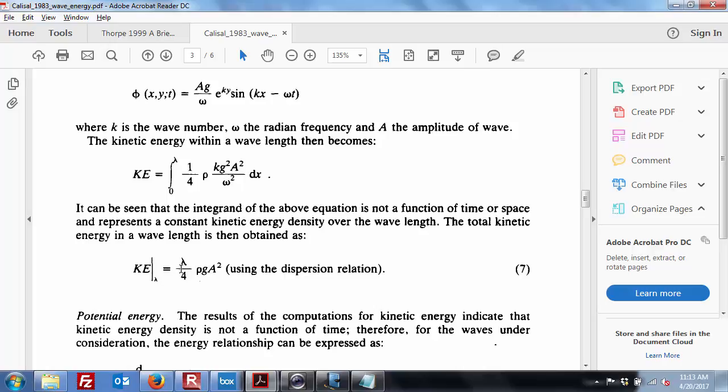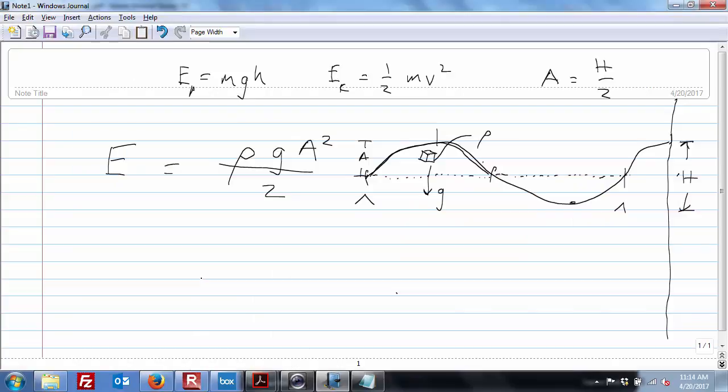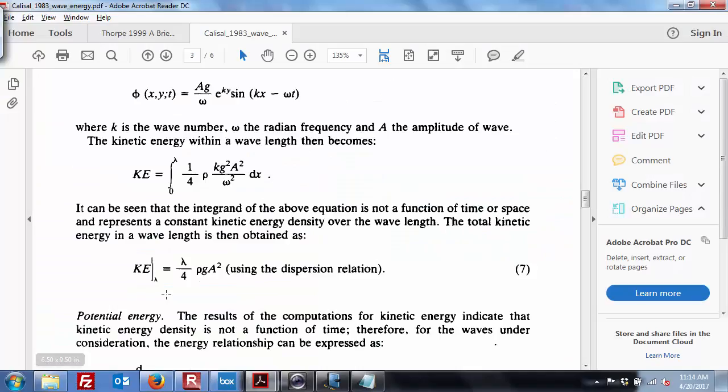KE sub lambda equals lambda over 4 rho g a squared. So I'm going to write that guy down. I'll just write it as this: kinetic energy equals lambda over 4 rho g a squared. And then the potential energy, I think that also drops out here somewhere.